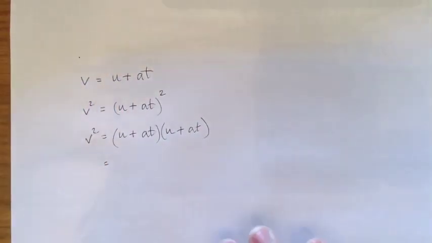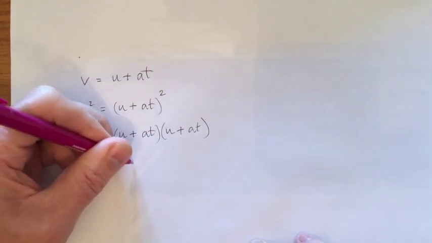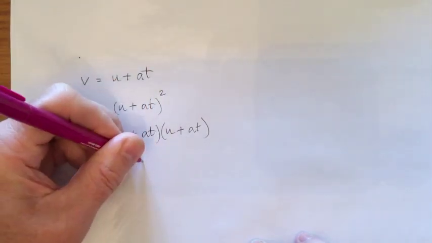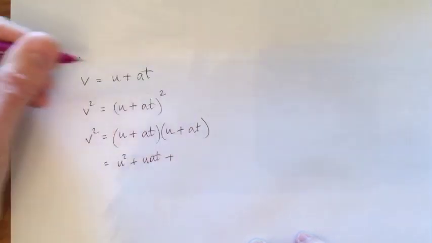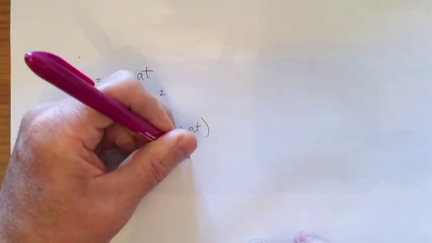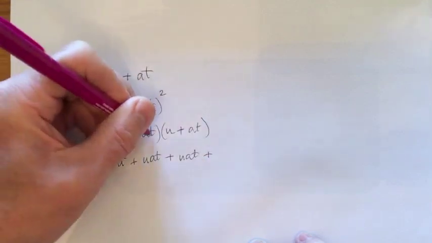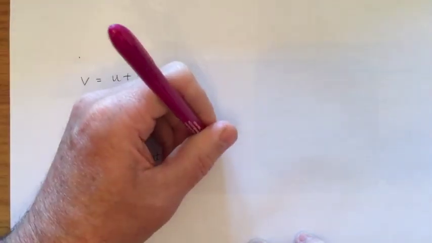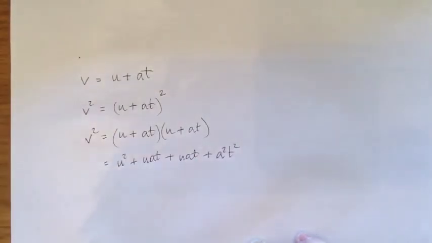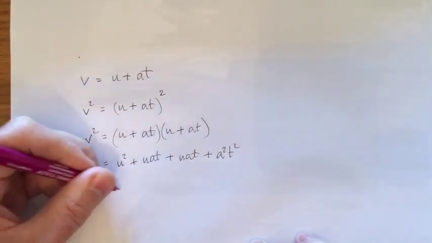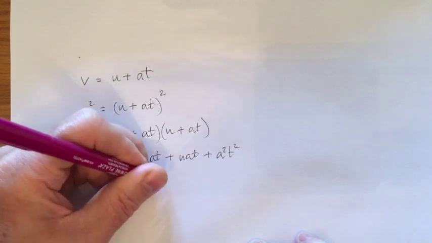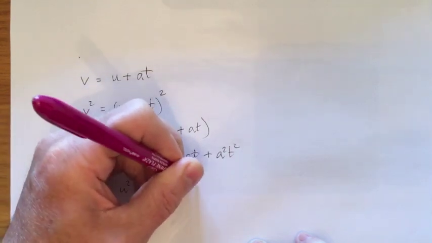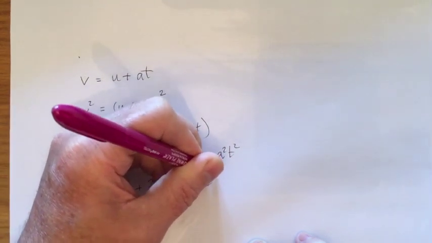Multiply out the brackets, you get u squared plus uat plus outside uat plus these two multiplied together is a squared t squared. Collect the terms, you get u squared plus, that's 2uat plus a squared t squared.